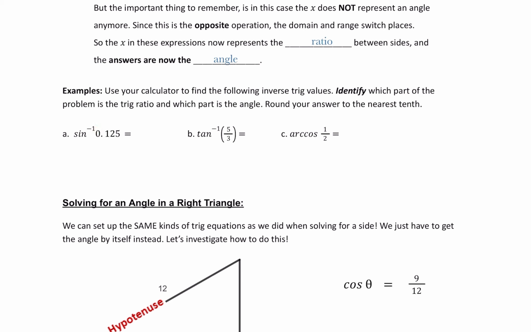So push second, sine, and then type in 0.125. Then if you push enter, you should get your answer being 7.2. And that is an angle, so it's 7.2 degrees. So this would represent our angle, and this would represent our ratio.